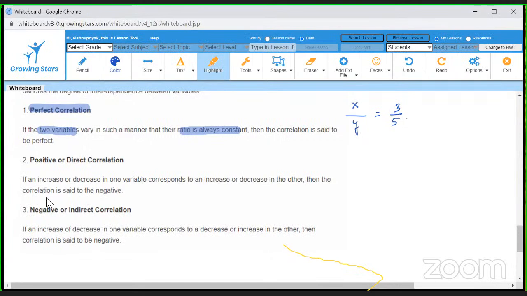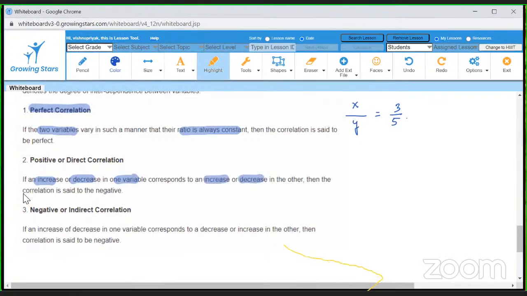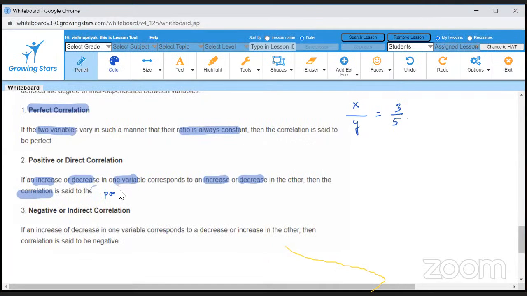The next is positive or direct correlation. If you increase or decrease one variable, then the other also will increase or decrease. It is written as negative correlation by mistake; it is positive correlation. There is a typing error.